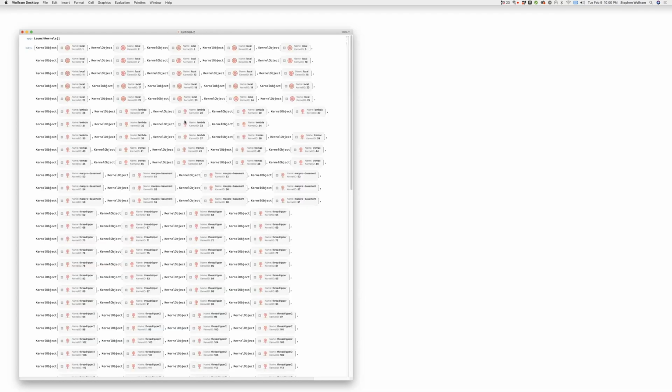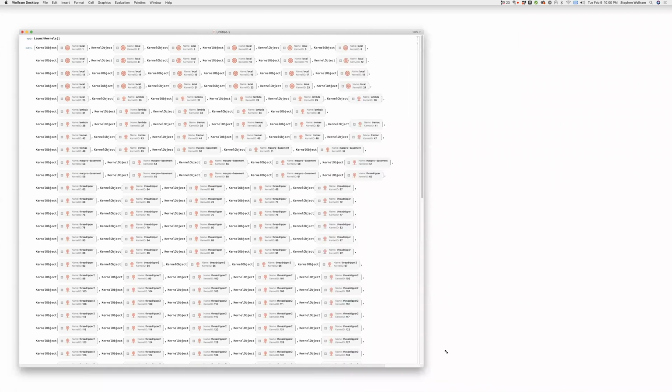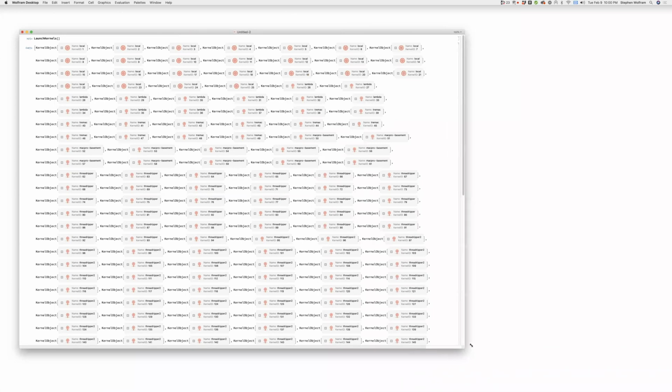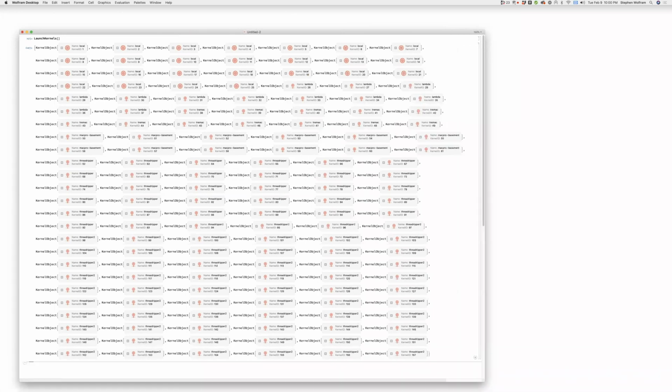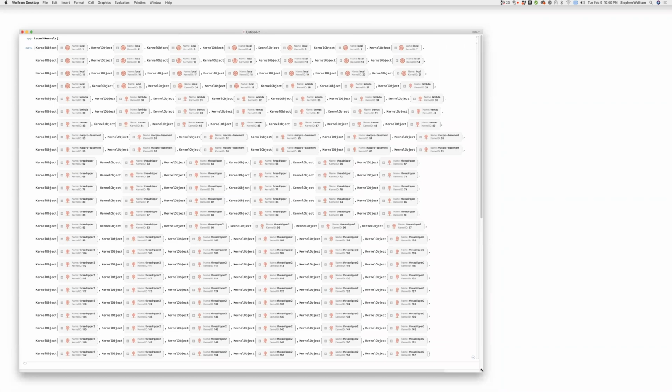Here they come. Oh, that's rather impressive looking. I have to tweet this. Wow, that's quite a collection.